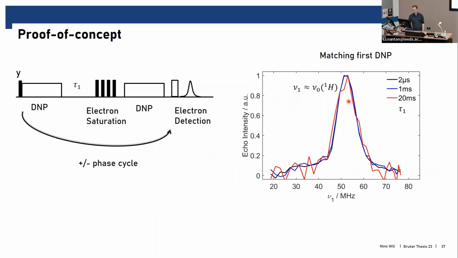Here this is for the so-called NOVEL sequence. If you irradiate the electrons with a nutation frequency that corresponds to the nuclear Zeeman frequency, you get very efficient DNP, and that's why you see this peak here.